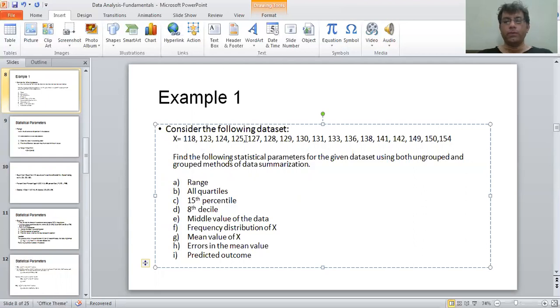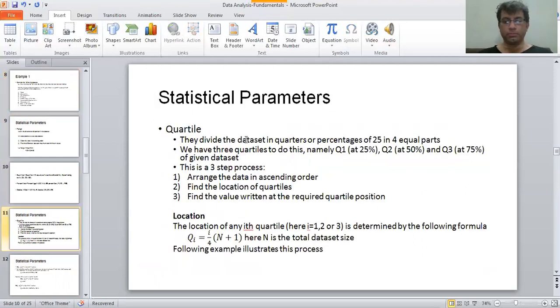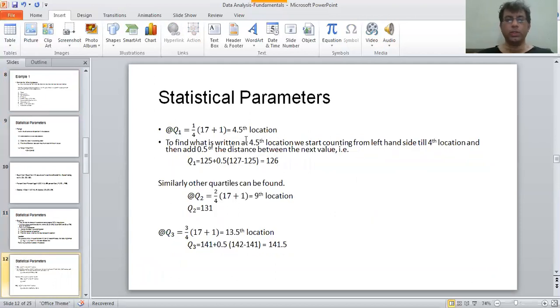So 0.5 of what? 0.5 of the distance between the thing that is located at the fourth position and the thing that is located at the fifth position. So we have to reach 0.5 of this distance. Okay, and how do we do this? The distance between the fourth and fifth is the difference of the two values.